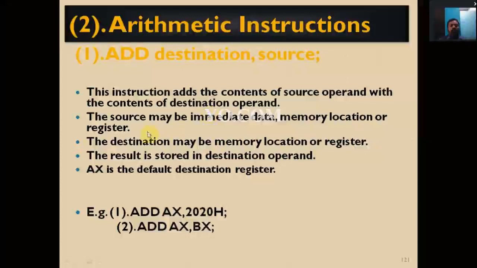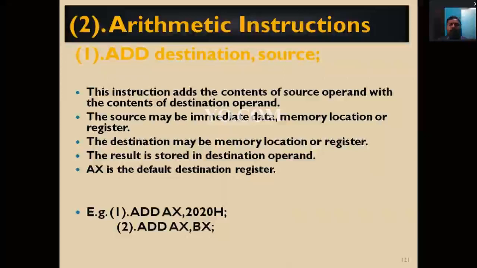Whenever we do any arithmetic and logical operation, one register should be constant, that is the AX register. If you want to do addition, one data should be in the AX register, and the other can be from memory or another register, but the result is stored in the AX register.